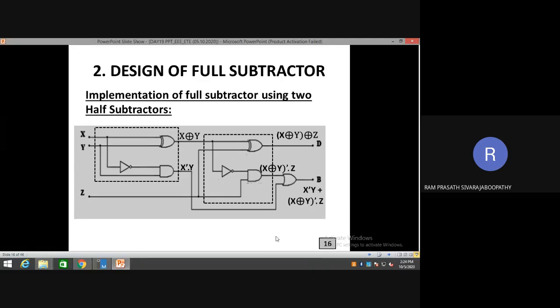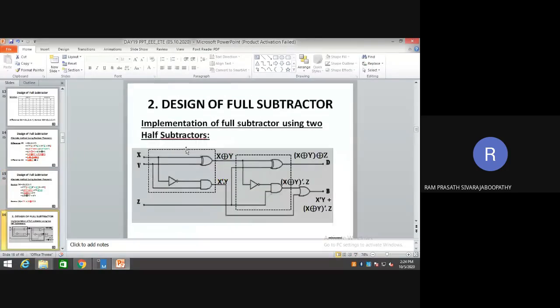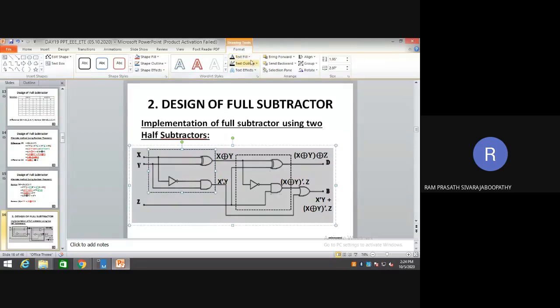Okay, clear? If they ask this in the exam, instead of drawing this circuit, you can just go with blocks. So we can take out the circuit here and just put blocks. I will explain. I am going to make it with color.